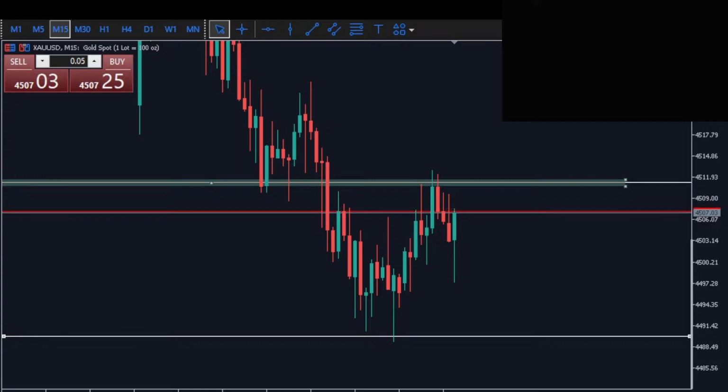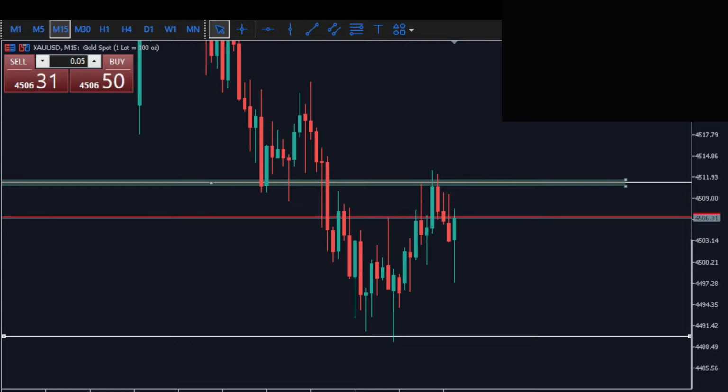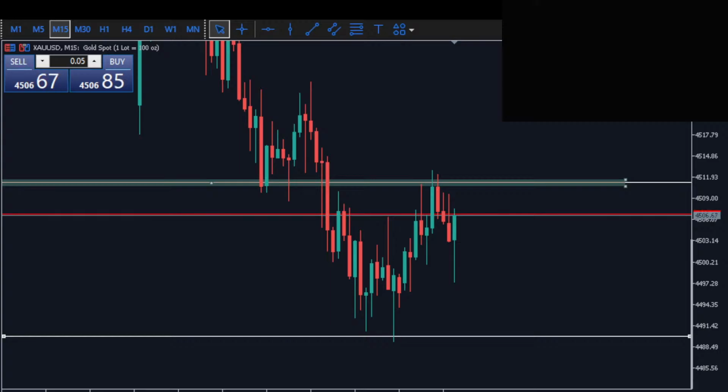That's why I didn't take any trade, because there's lots and lots of traffic down there. Roadblock, roadblock, roadblock. No, we're not gonna go there.